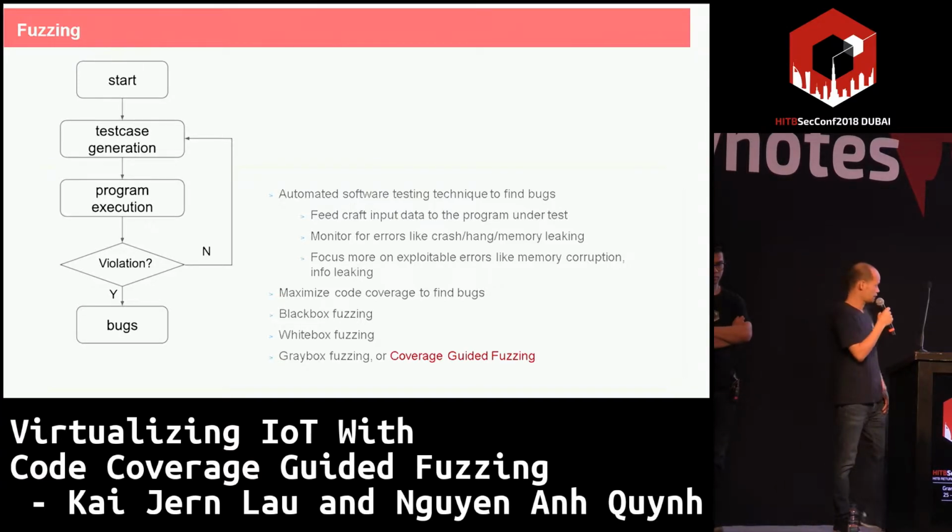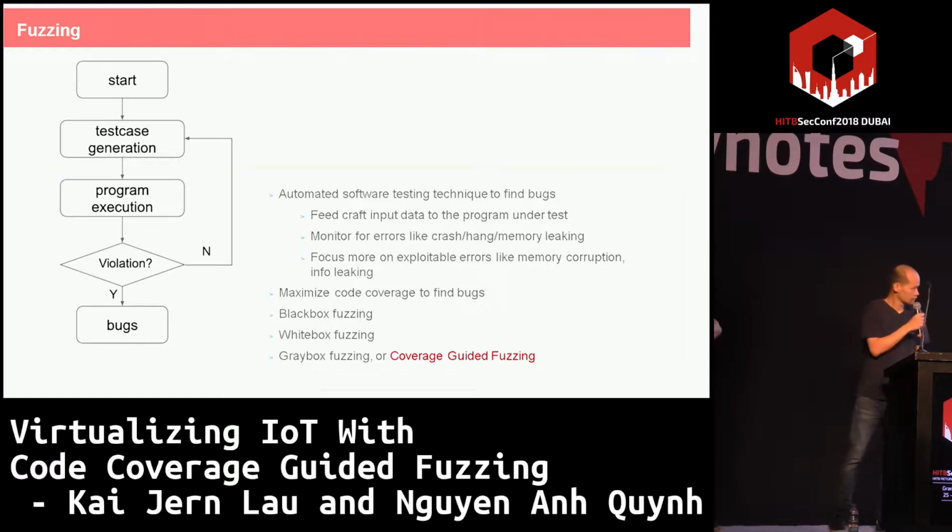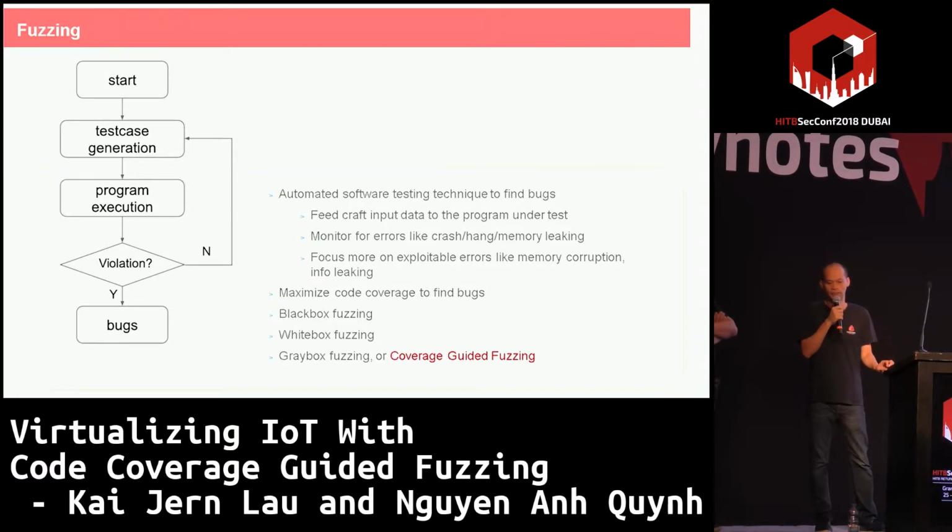Okay, we have a few kinds of fuzzers here. Actually, you have a spectrum. On one end, you have the black box fuzzer. On the other end, we have the white box fuzzer. The black box fuzzer is a kind of dumb fuzzer. When you feed random input into the program, we monitor the program from outside without any insight into how it works when the program runs. The other type of fuzzer is the white box fuzzer.